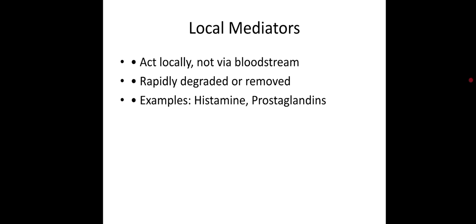What about local mediators? Local mediators do not have to travel through the bloodstream or through the neurons, rather they act locally. In case of any bruise, any damage to a small blood vessel, damage to the endothelial cells will take place, and as a result there will be some mediators known as cytokines.